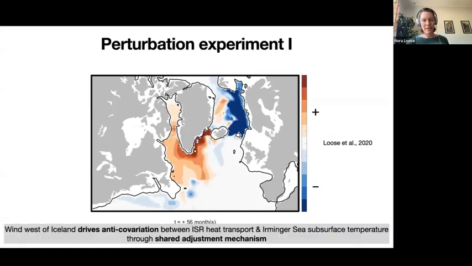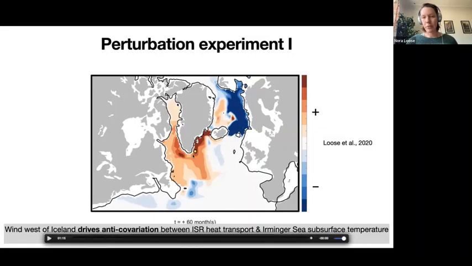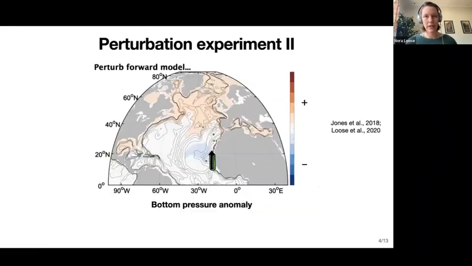So to summarize, wind west of Iceland drives an anti-covariation between Iceland-Scotland ridge heat transport and Irminger Sea subsurface temperature due to a shared adjustment mechanism. We'll come back to this later, but let me show you experiment number two first.